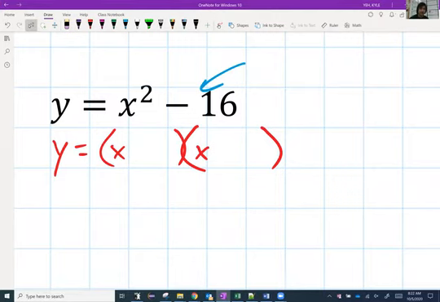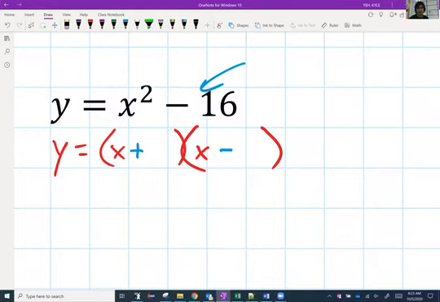And if that's a negative, then I know I have 1 plus and 1 minus. I know my signs have to be different. This is really important that you understand this. The only way we're going to multiply these binomials and get negative 16 at the end is if we have a positive times a negative.